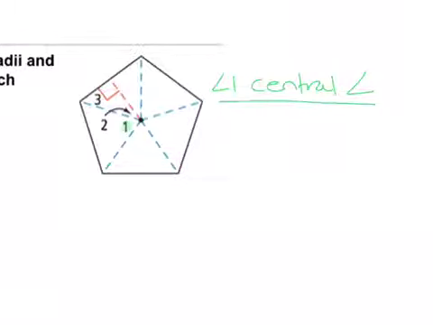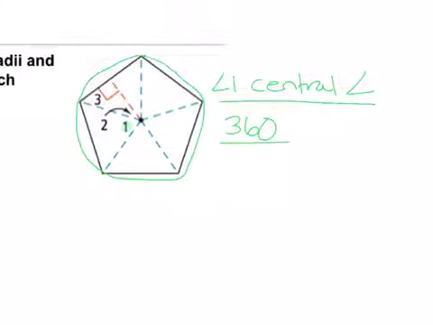So to find a central angle, all I have to do is take 360, because remember on the previous page, if we drew a circle around this, a circle has 360 degrees. And I'm going to take that 360 and divide by 5 in this case, because the figure has 5 sides, and I end up getting 72. So I know that every one of these central angles is going to be 72.